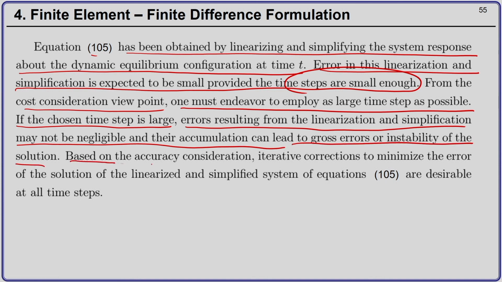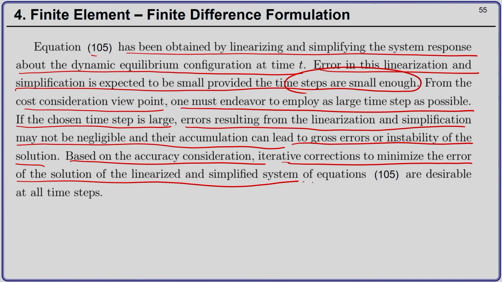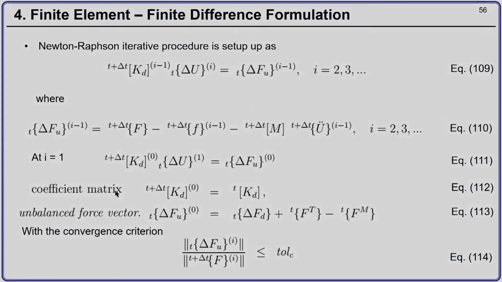So, based on the accuracy consideration, iterative corrections to minimize the error of the solution of the linearized and simplified system of equations given by equation 5 are desirable at all time steps. Okay. So, what do we do? We have to set up the Newton-Raphson iterative procedure, and we set it up like this.